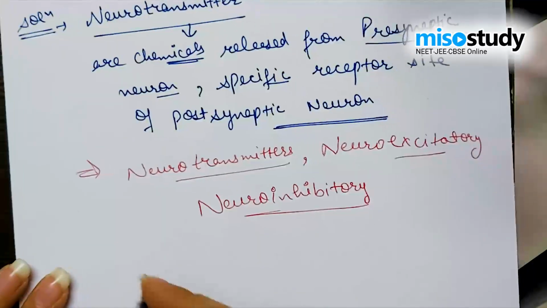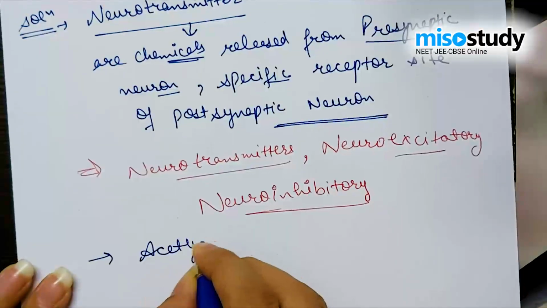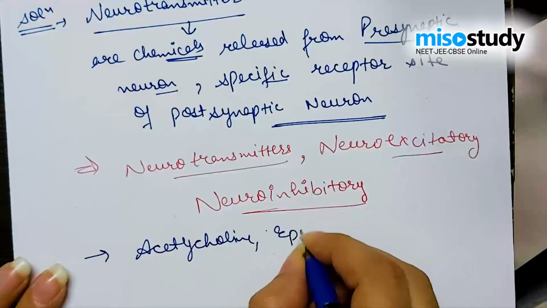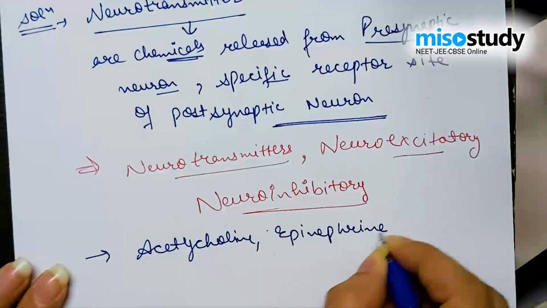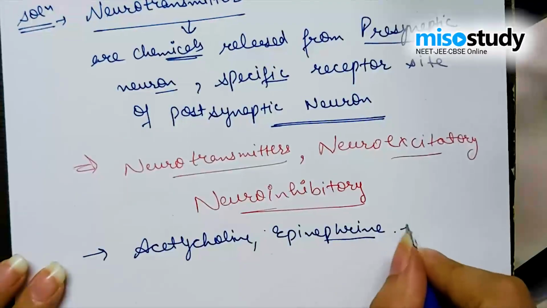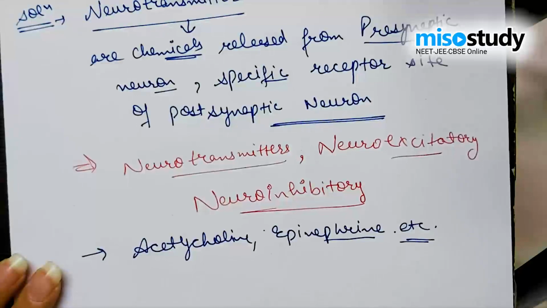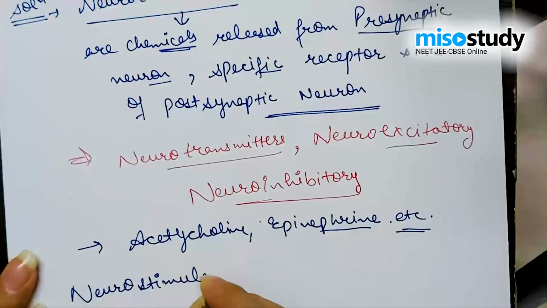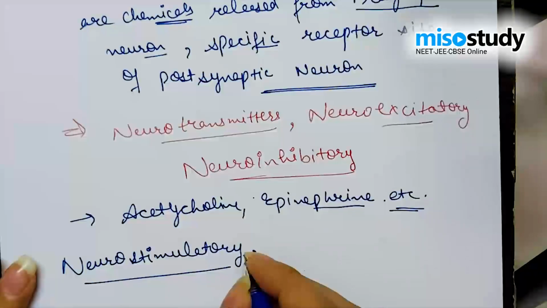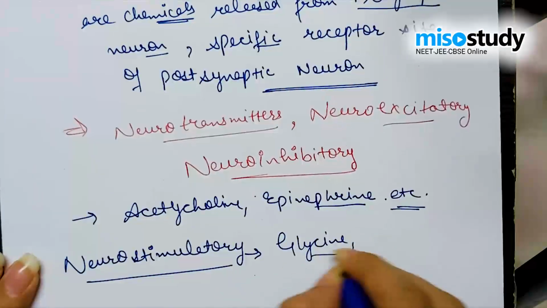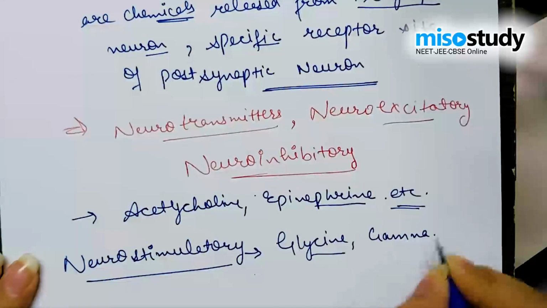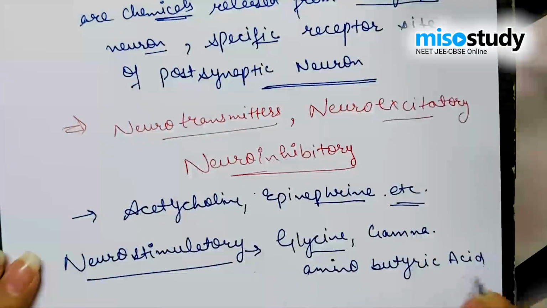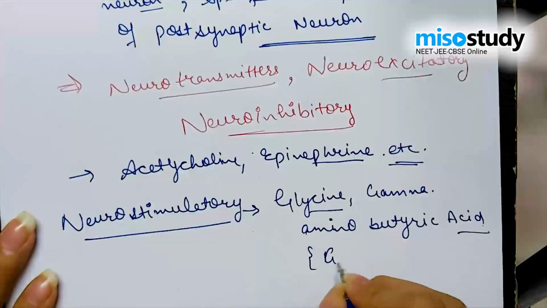The mentioned options are acetylcholine, epinephrine, and norepinephrine, etc. The neuroinhibitory ones are glycine and gamma aminobutyric acid, which is also known as GABA.